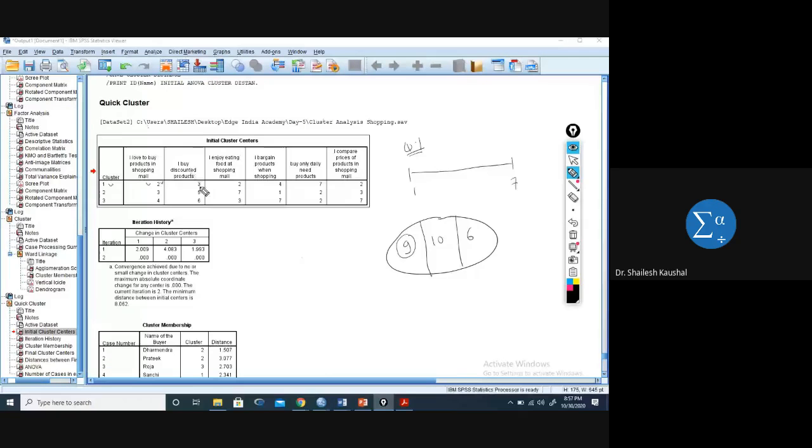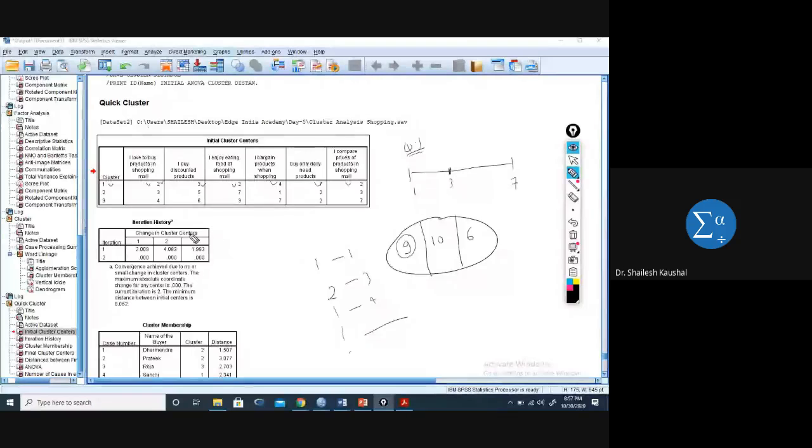For question number 2, I buy discounted products, so the mean value is this. Someone gave 1, some 3, some 4. When we take the mean, the mean value is 3.